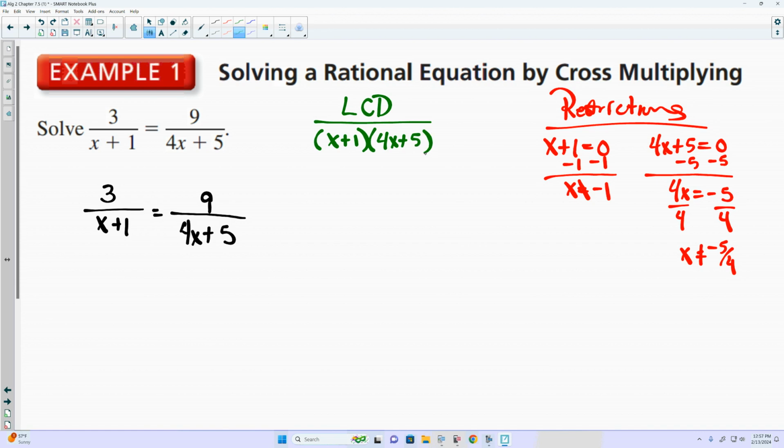So the least common denominator, if we're going to use this here to help us solve, is x plus 1 and 4x plus 5. Now, unlike with addition and subtraction, we're not going to multiply each of the fractions on top and bottom by this. We're just going to multiply the whole equation by it. So each rational expression, we're going to multiply by our x plus 1 and 4x plus 5.